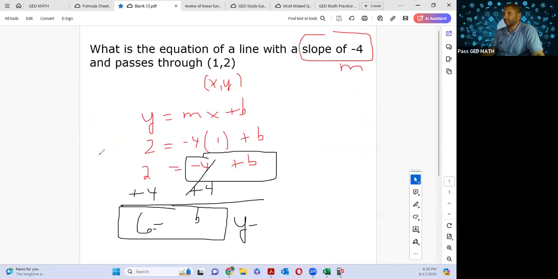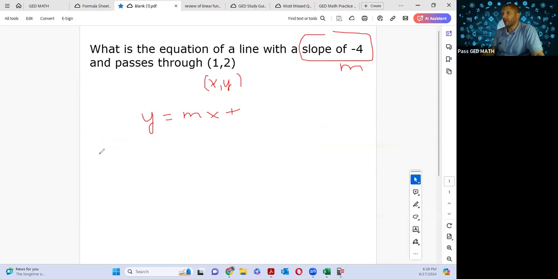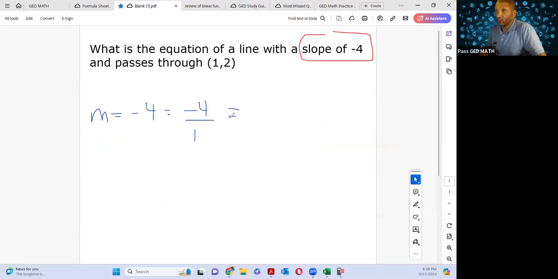Watch this. I don't know if you've got a timer, but I'm going to do it, and then I'm going to show you. I know my slope. Again, identify what's given. My slope is -4, which is the same as -4/1, which is the same as my rise over my run, which is the same as my change in y over my change in x.